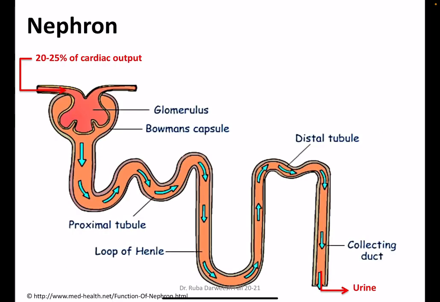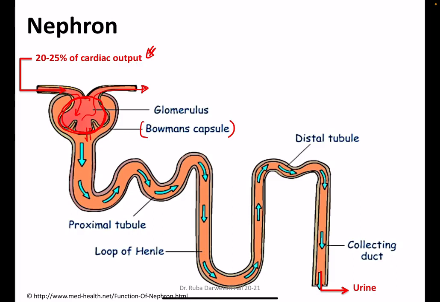What is happening in the nephron is that a major percentage of the cardiac output, 25% of the cardiac output, enters the glomerulus, and the blood entering the glomerulus will go out at the end, but in between, in the glomerulus, we will have some exchange of certain materials from the glomerulus to Bowman's capsule.